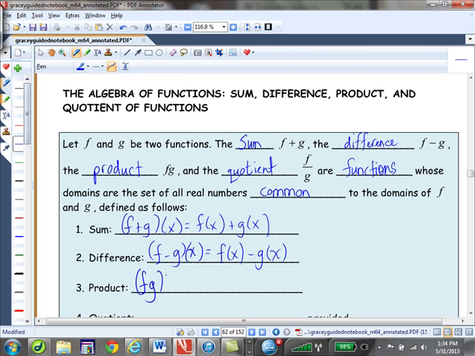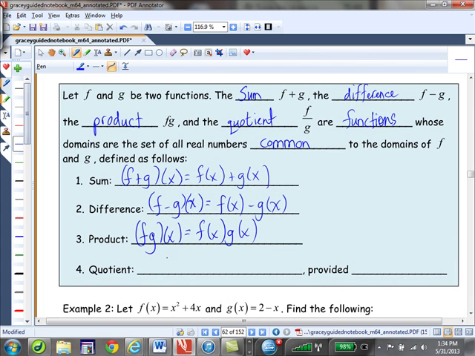F times g at x is equal to f at x times g at x. And the quotient, f over g, or f divided by g at x, is equal to f at x divided by g at x, provided that g at x is not equal to 0. Okay?